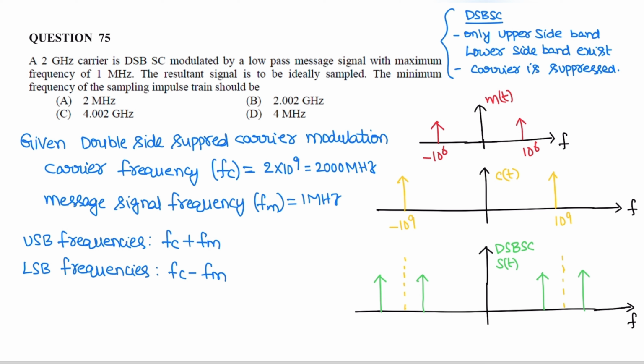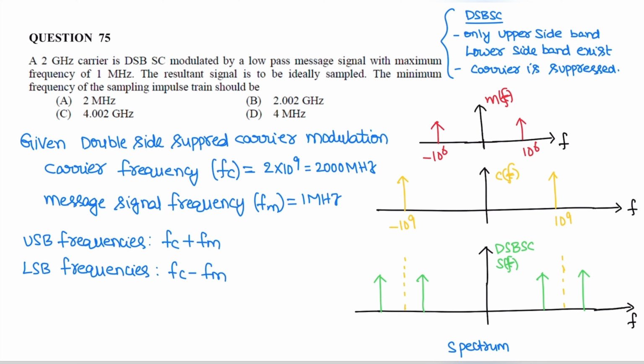Different spectral diagrams are given: the spectrum of the message signal M of F, the spectrum of the carrier signal C of F, and the spectrum of the DSB-SC signal S of F.